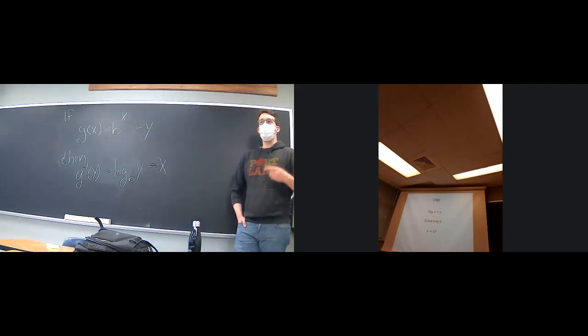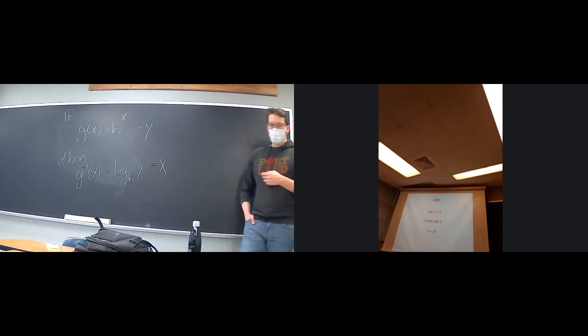It is the inverse function of the exponential. Make sense? So since this thing is the inverse function, well, before I get to talking about the graph and everything else, just some details on the notation of this.